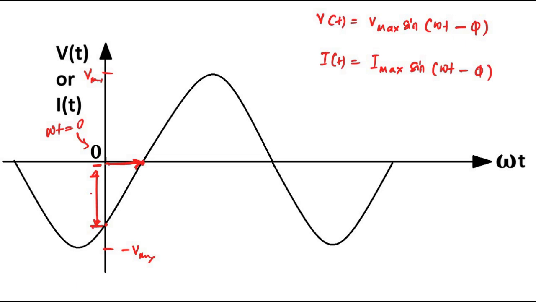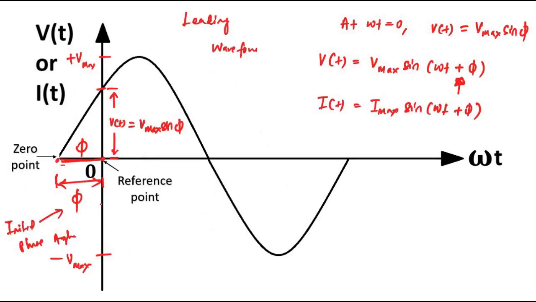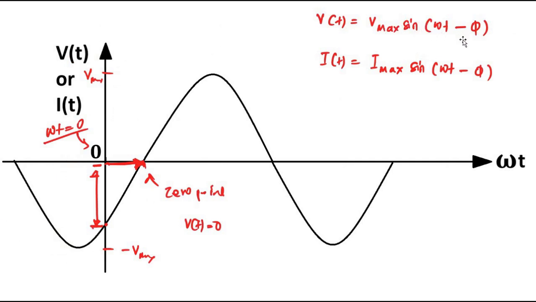Here the waveform's 0 point is slightly towards the right of the origin where omega t is 0, the point where v(t) is equal to 0. In the earlier case, the 0 point was slightly towards the left of the origin.